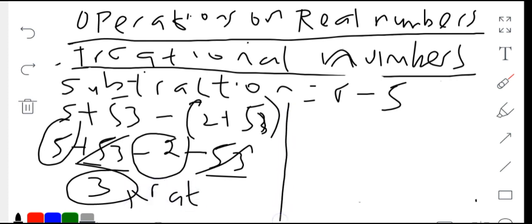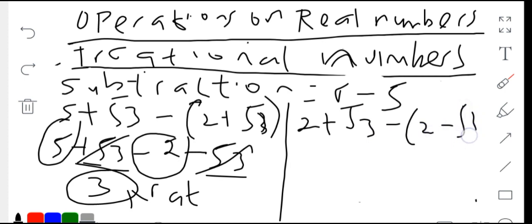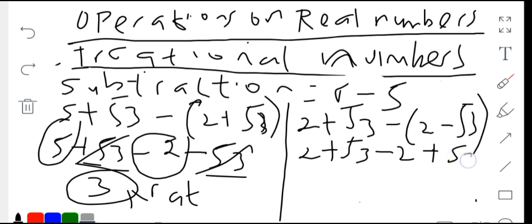So let's look at one that will give us an irrational number. That will be 2 plus square root 3 minus open bracket 2 minus square root 3. Let's solve it. 2 plus square root 3 minus 2, and minus times minus gives us plus square root 3. These are from the same family, 2 and minus 2, so that will give us 0 definitely.